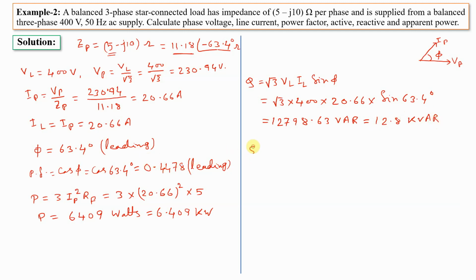Finally, the apparent power S, it is root 3 VL IL, or it can be written as 3 V phase I phase. So let's use this formula.